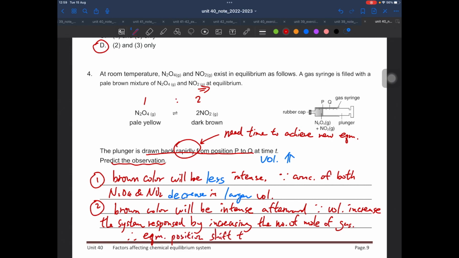Equilibrium position shifts to right. Yes, this is what we want, right? First, it will be less intense, then become more intense afterward. Okay?